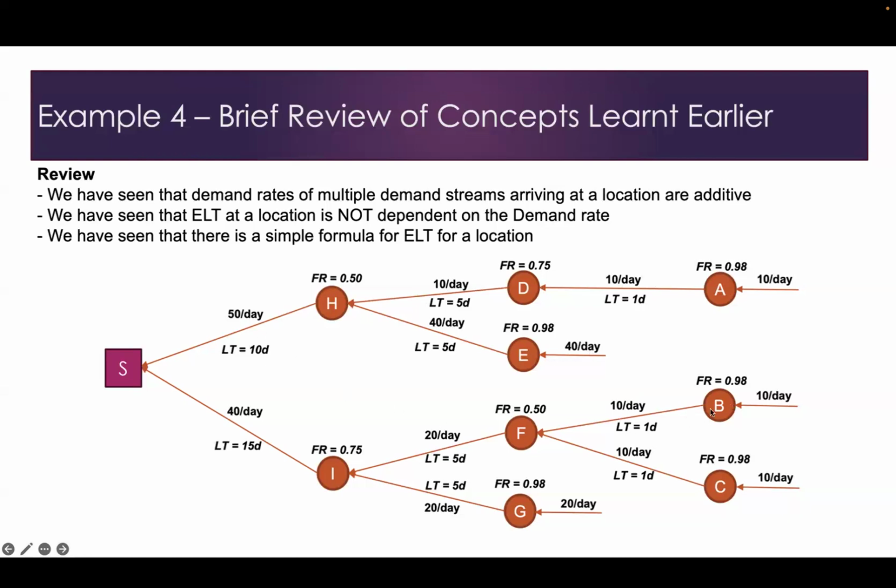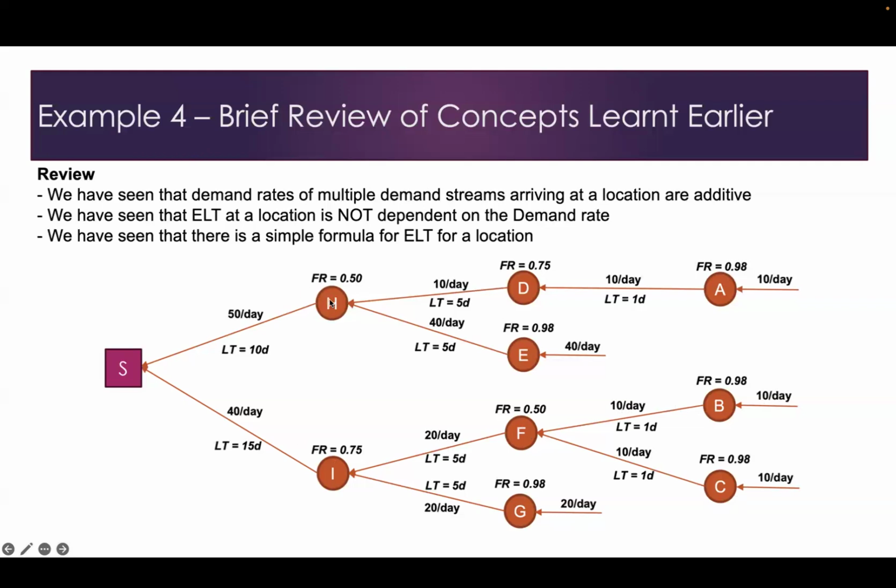All I'm doing is traversing each line very quickly from one node to another. 10 per day, 10 per day. This is 10 per day, 10 per day. And this becomes, the total demand here becomes 20 per day. If I look at G, it's 20 per day. I'm doing this in a rather monotone way, but my voice aside, this 20 plus 20 becomes 40.